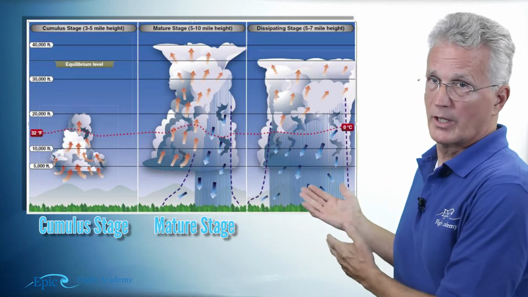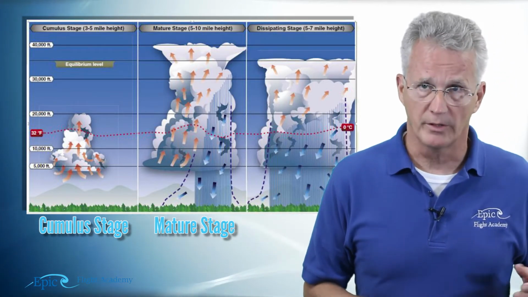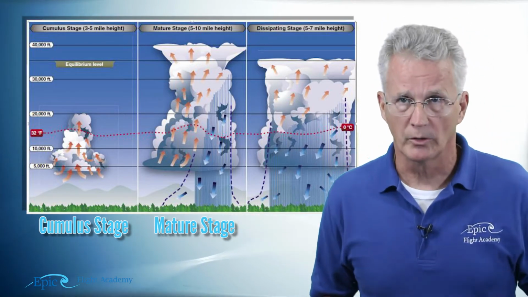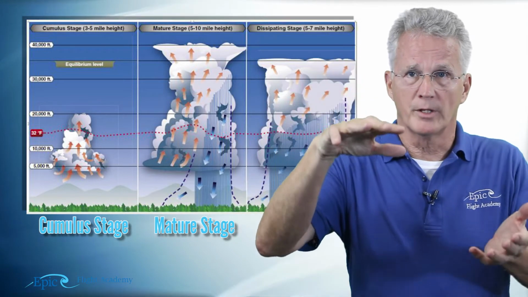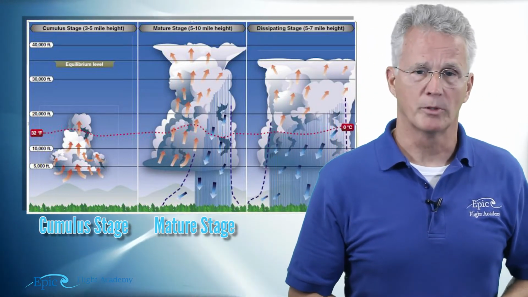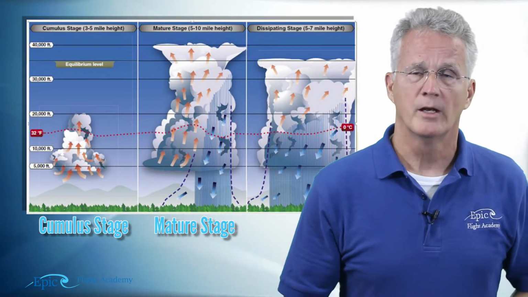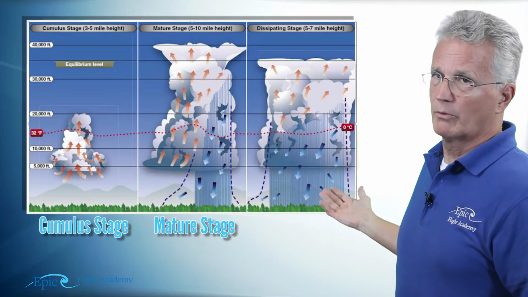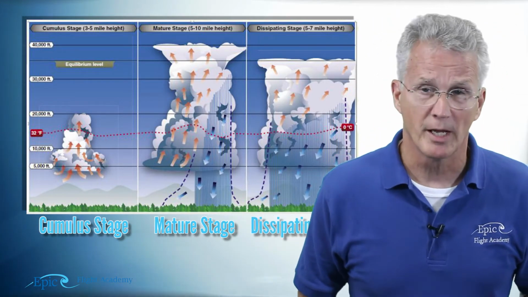Now notice in the center diagram here, the updrafts in this cloud, this cumulonimbus thunderstorm cloud, are separate from the downdrafts. They're passing each other. This is a mature thunderstorm cloud. And then notice all the way to the right, you see the third and final stage. That is what we call the dissipating stage.